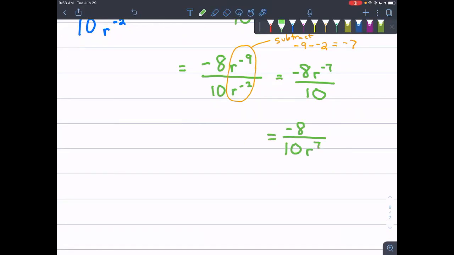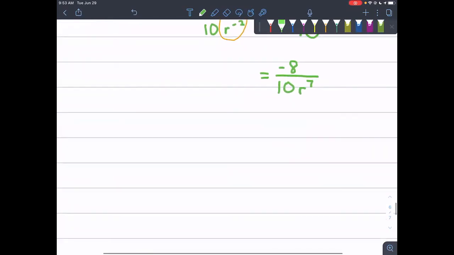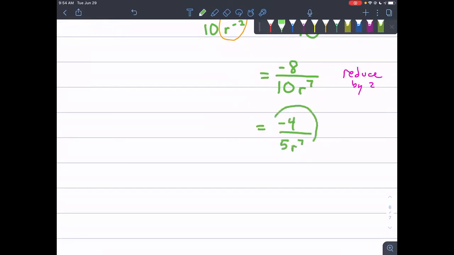And what would we do last? Simplify. We've got 8 and 10. We can reduce those by 2. So -4 and then 5r to the 7th.